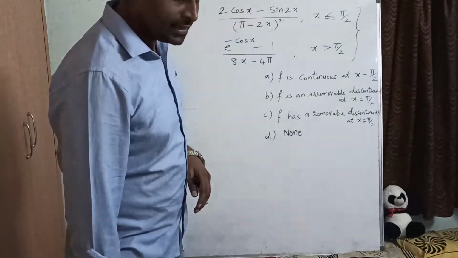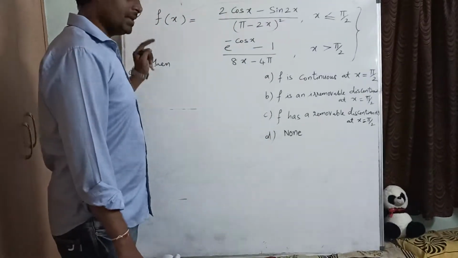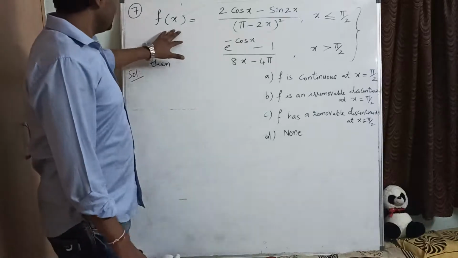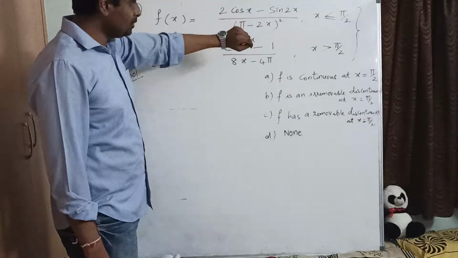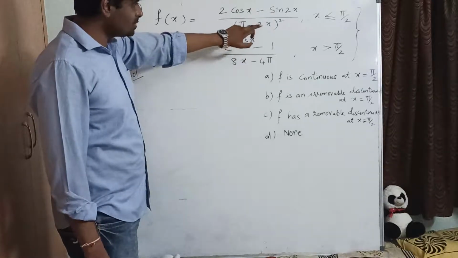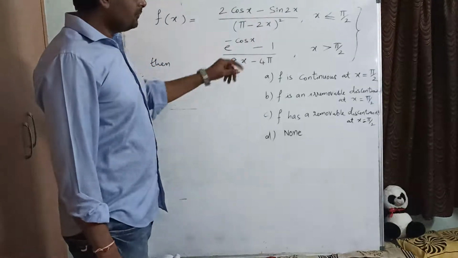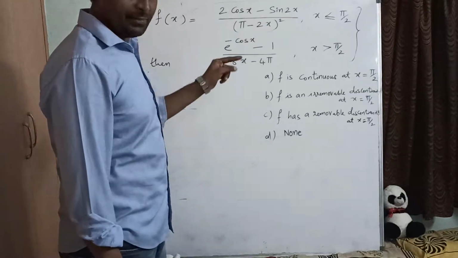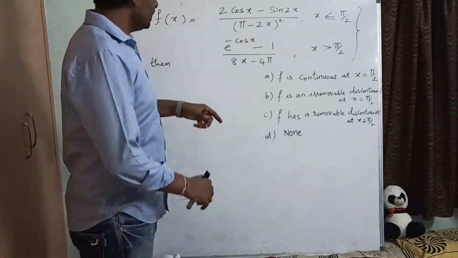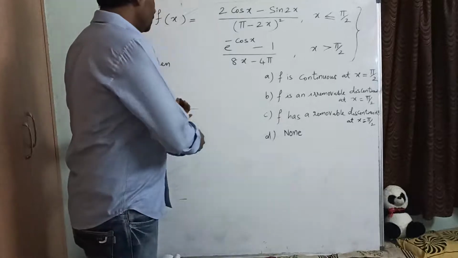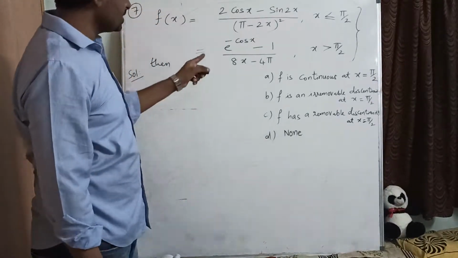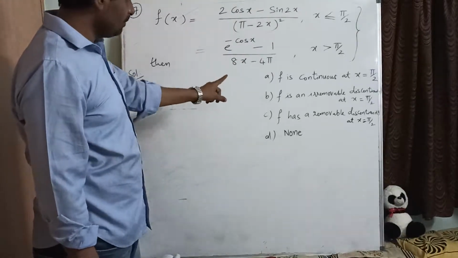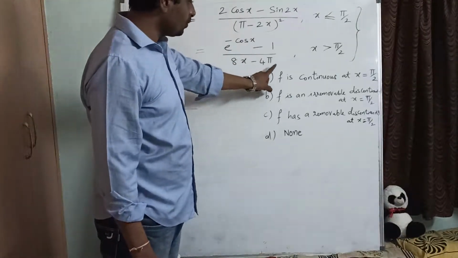Just have a look at question number 7. Here f of x equals (2 cos x minus sin 2x) by (pi minus 2x) whole square for x less than or equal to pi by 2. Similarly, for x greater than pi by 2, we have one more function given, that is e power minus cos x minus 1 by 8x minus 4 pi.